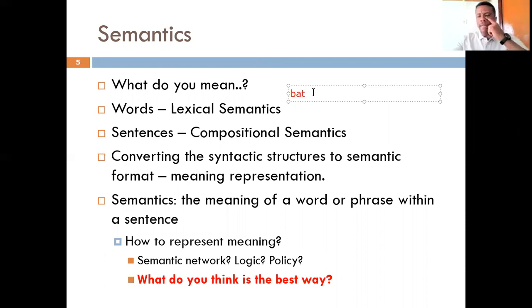So the idea in here is, if a single word is given to you, then the concept of meaning would be really a challenge, because when you go to a dictionary, there could be many possible meanings associated with this one. But what if it is used in a sentence?